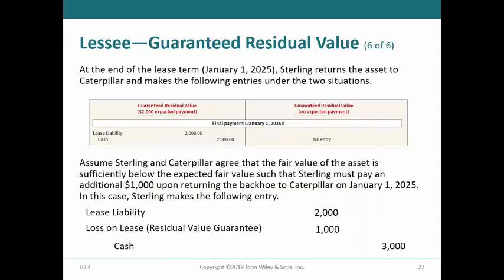Now, let's say the backhoe was only worth $2,000 at the end of the lease instead of the $3,000 that Sterling anticipated that it would be worth at the beginning of the lease. Sterling would debit the lease liability for the $2,000 that it included, but would also debit loss on lease for the additional $1,000 that it owed Caterpillar and would credit cash for the total paid of $3,000.